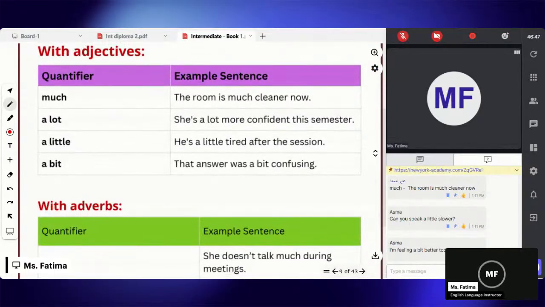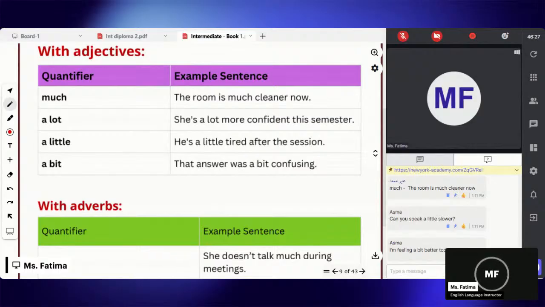Describing an action. I'm not describing her as a person. No, I am describing the action. Okay?